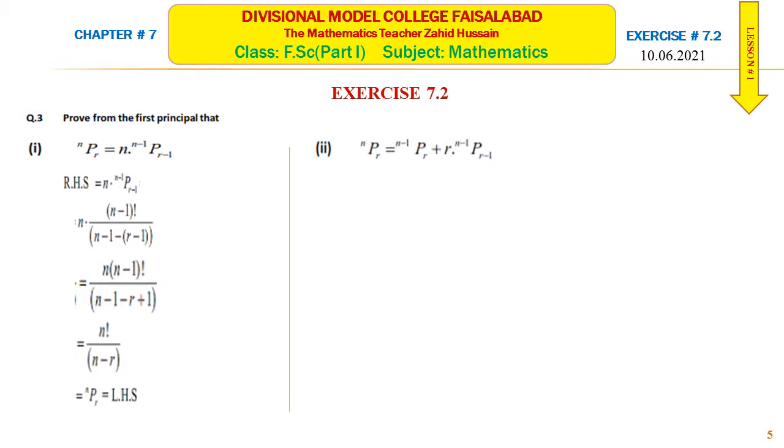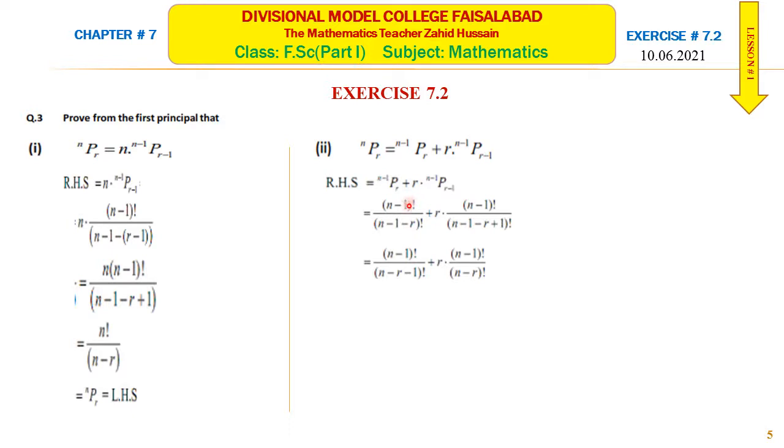Its second part is nPr is equal to (n minus 1)Pr plus r into (n minus 1)P(r minus 1). Take its right hand side and use the formula to write (n minus 1)Pr in this form: n minus 1 factorial in the numerator and factorial of the difference of these two in the denominator, plus r into n minus 1 factorial over the factorial of the difference of these two in the denominator.